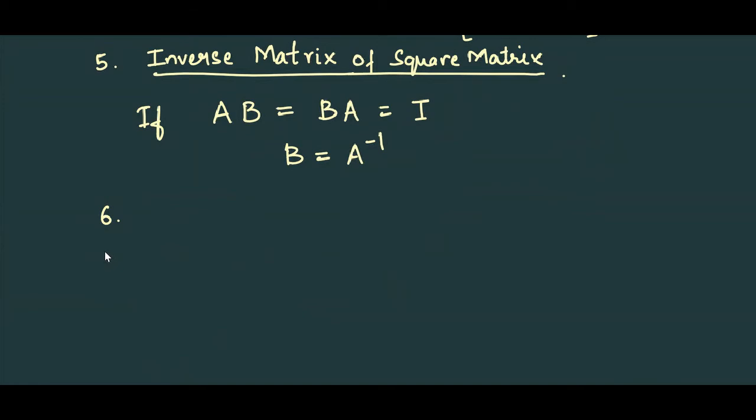Next. Okay, tell me this. If A into B is equal to 0, then what does it mean? Any matrix should be a null matrix?